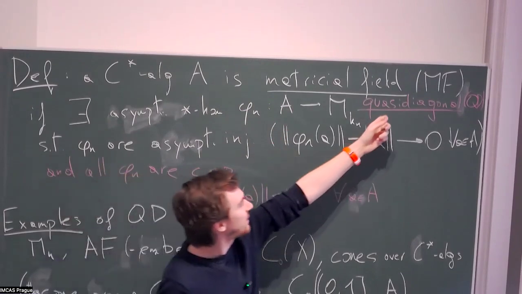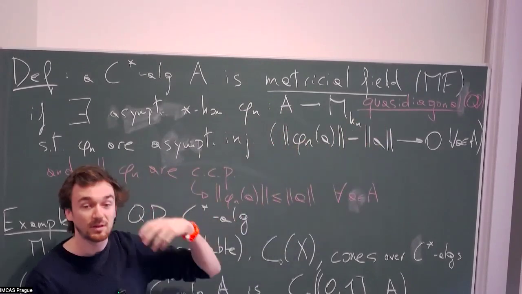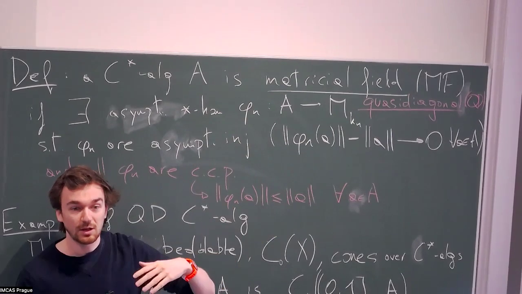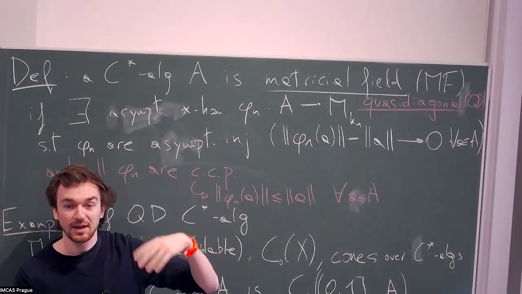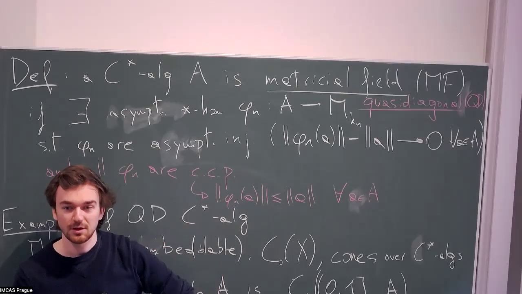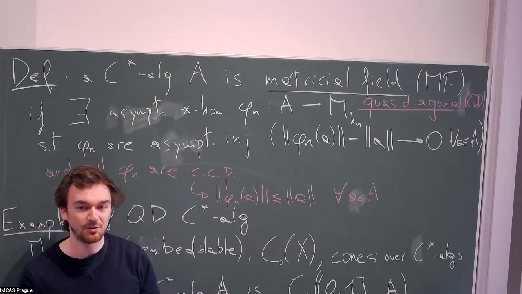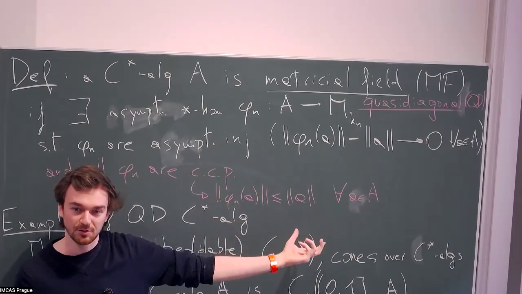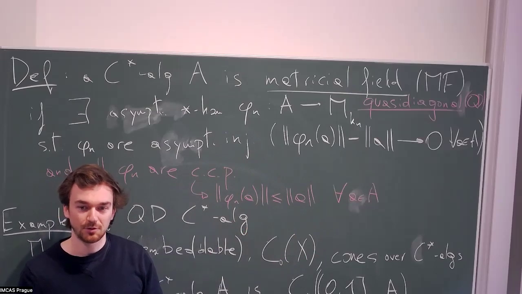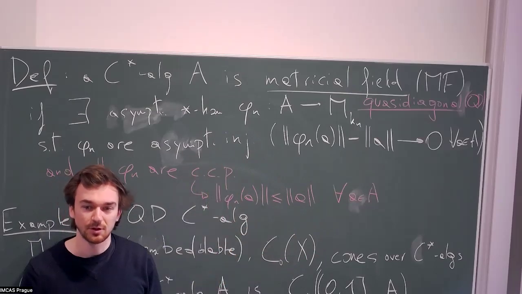Saying you are quasi-diagonal is saying that this embedding lifts to a sequence of CPC maps into L infinity of the universal UHF. And so by Choi-Effros, if you're nuclear, then you will automatically have a CPC lift. And therefore, these are equivalent for nuclear separable.